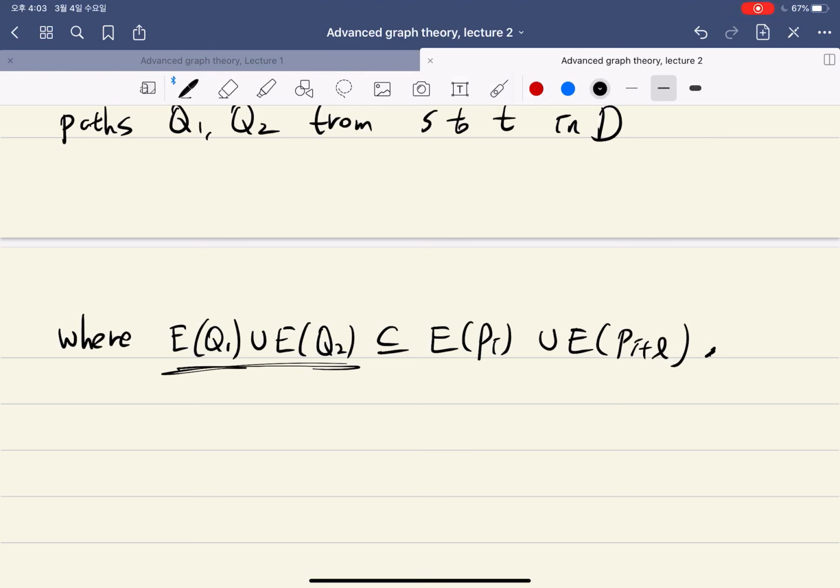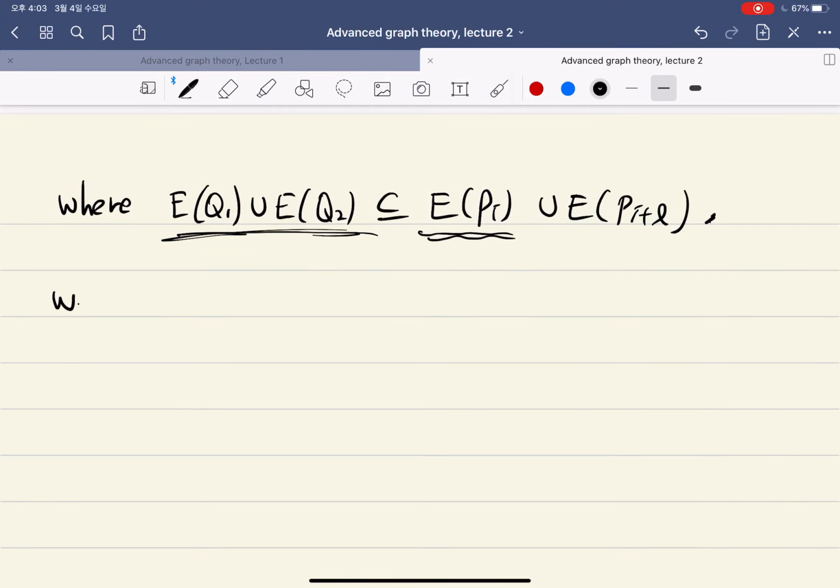So one of them must be shorter or the same length or shorter than pi. But pi was the shortest f-augmenting path. So from there we want to get a contradiction by showing that Q1 or Q2 are actually augmenting paths.